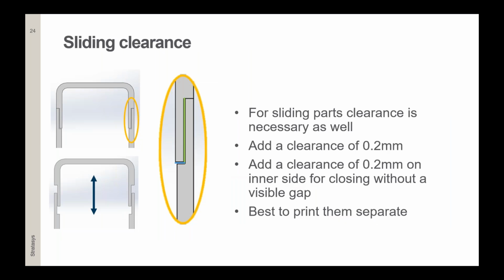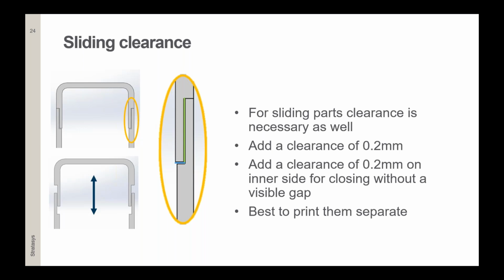Next, we have a sliding clearance. If you have an assembly where parts need to slide against each other, consider adding clearances as well. In this case, we can use a bit tighter clearances for the part not to be loose when closed.